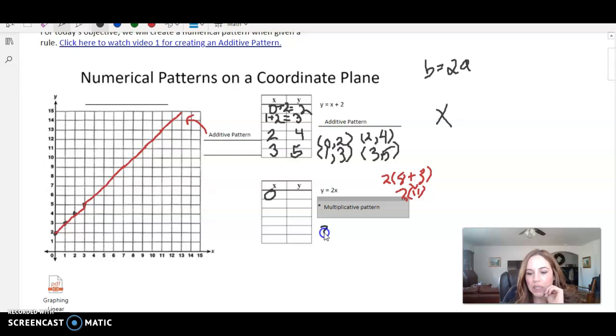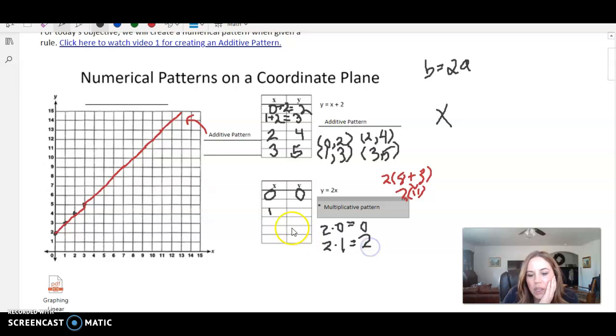So if I do that, I'd be saying 2 times 0 is equal to, well, what's 2 times 0? 0, right? It isn't 2, that's 2 times 1. So every time x is 0, then y is 0. Let's come up with another number. Let's say 1. So I would say 2 times 1 is equal to, well, what is 2 times 1?